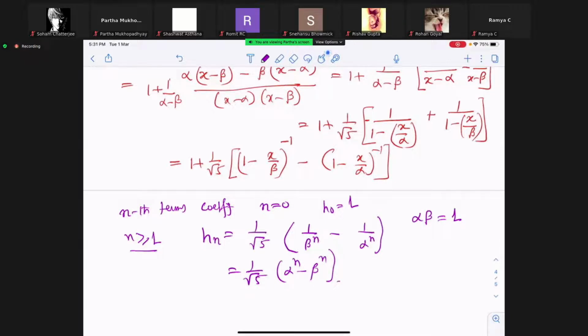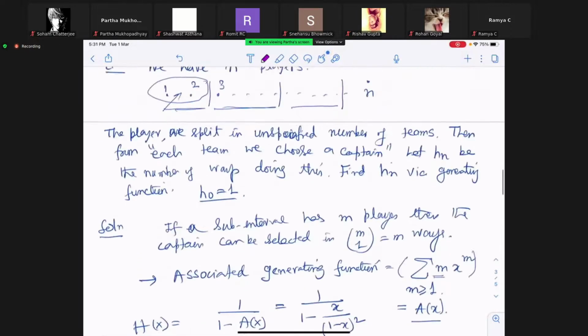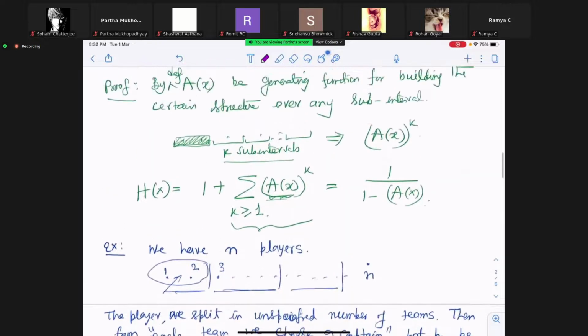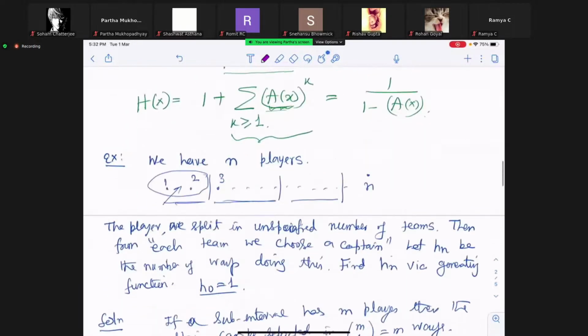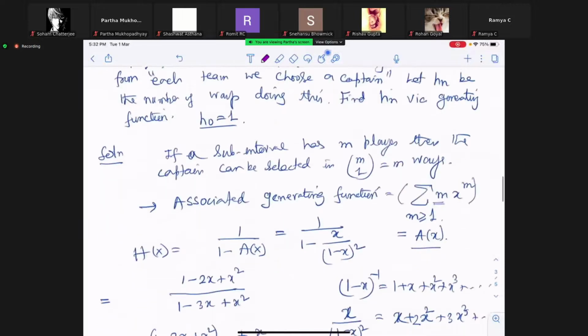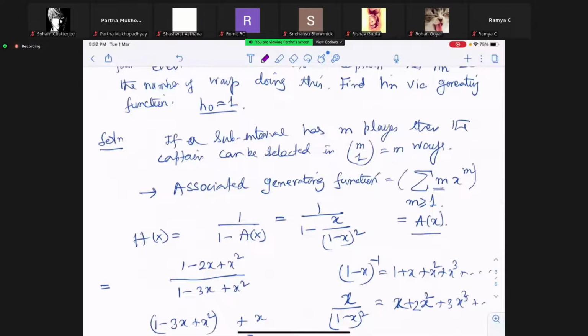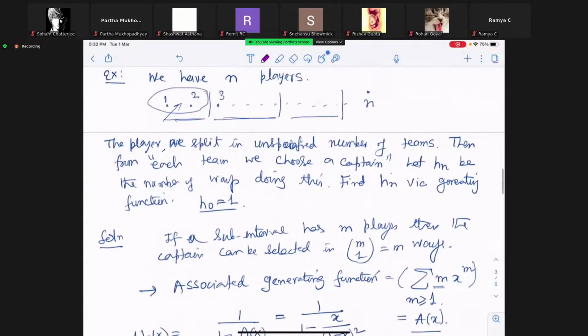This was obtained via this composition of generating function idea. Let's go back to the idea and check it once more. What we did is very simple. We pinned down the generating function for each block, the interval, and then we simply took the power of the generating function, and that's it.